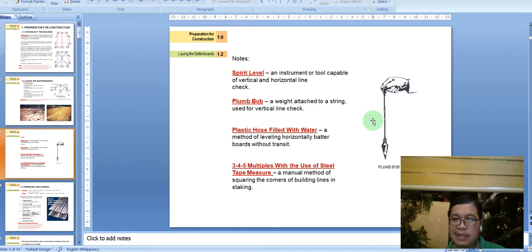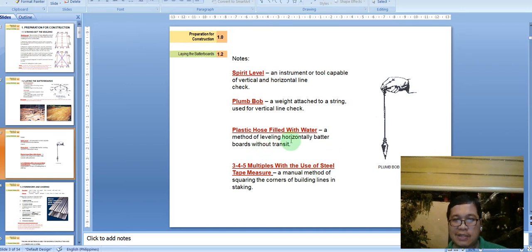So always tell your foreman at the site to always check if it's level, because once you pile up your hollow blocks to a certain height and it's not level, you're going to have a problem during plastering. It won't be straight. Once it's already constructed that way, it's going to be very expensive to change it.